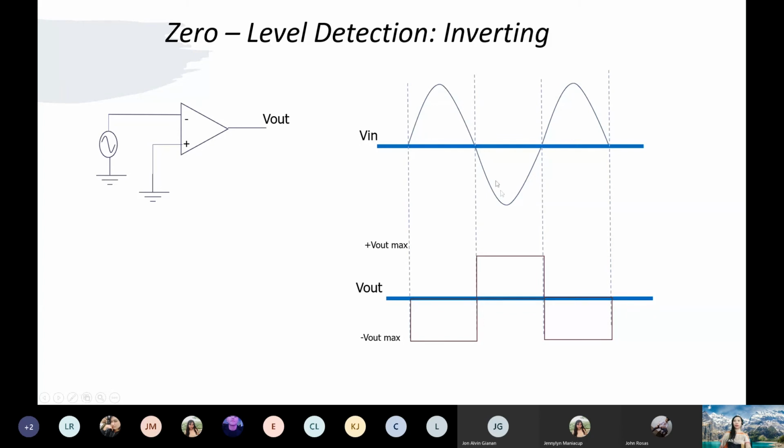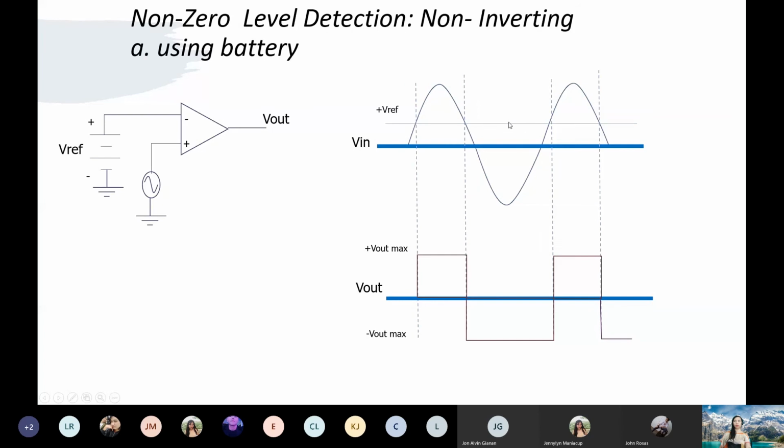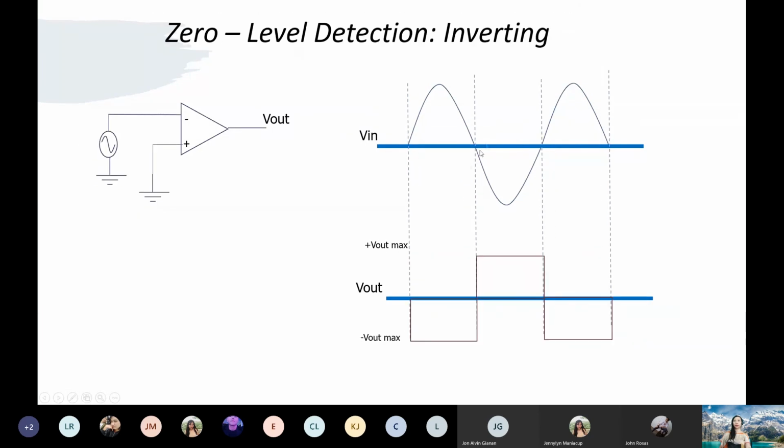If you have negative input, you'll have positive output, so you have an inverted output. Whenever you have a positive input, you have negative output. Negative input, positive output. Still a square wave.